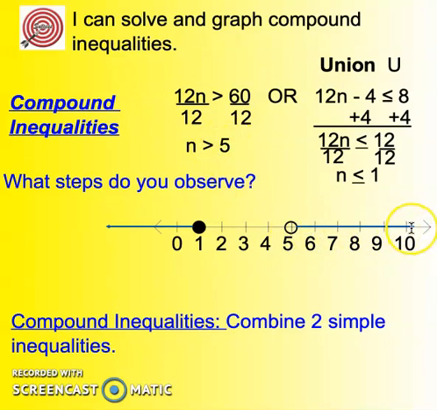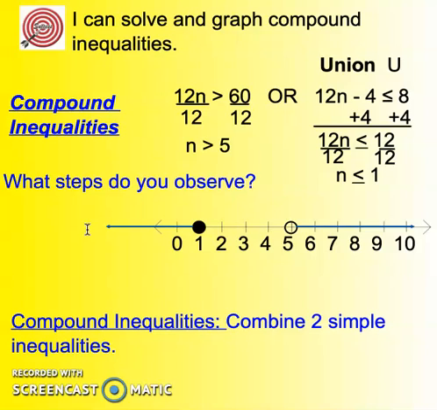So I'm drawing a ray into the positives. And then n is less than or equal to 1. I need a closed dot on 1 because I need to include 1. And then it's going to the left because it's less than, so I need it to go to the negatives.